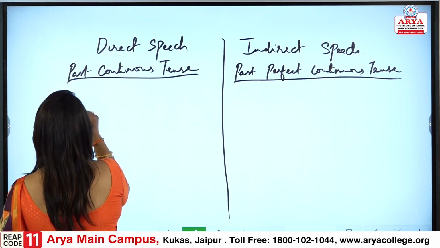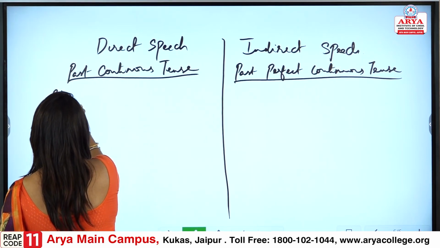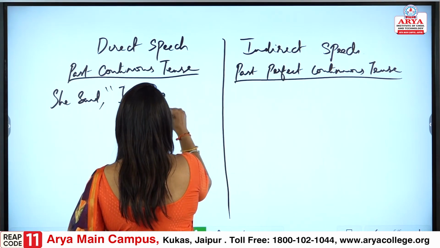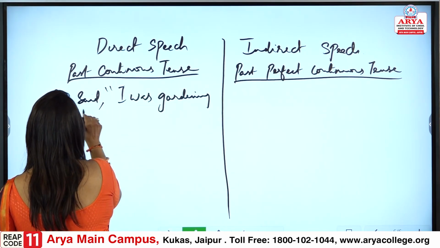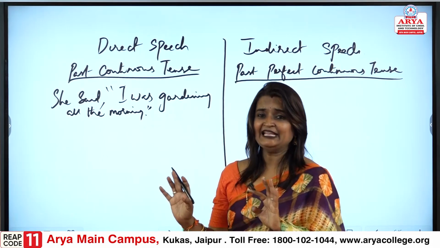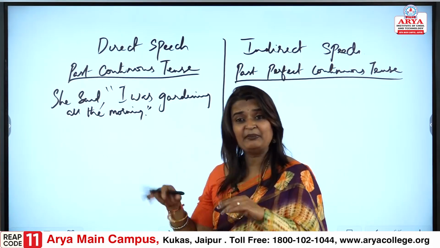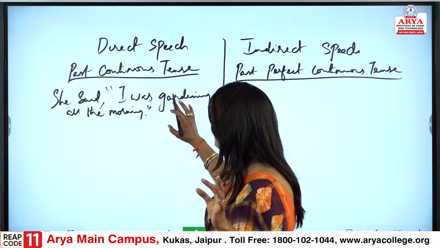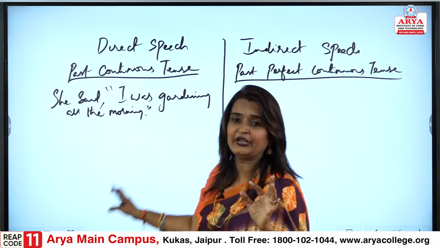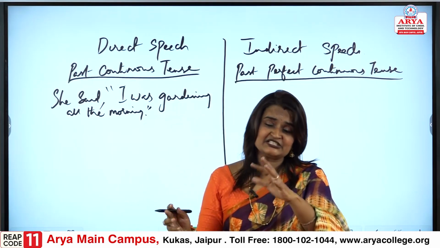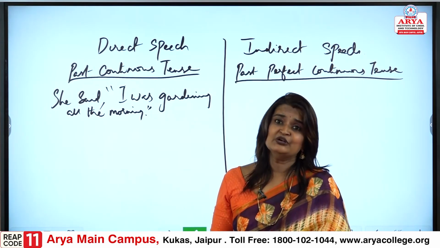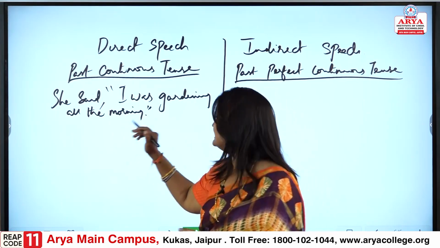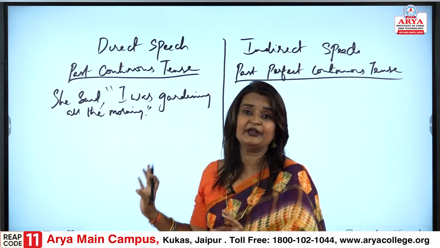She said, I was gardening all the morning. So, she is saying she has been gardening from the morning, continuously. It is past continuous.